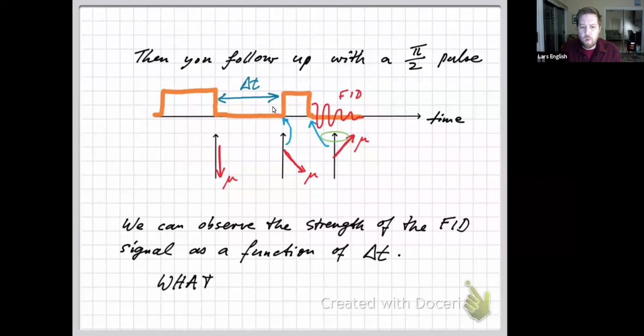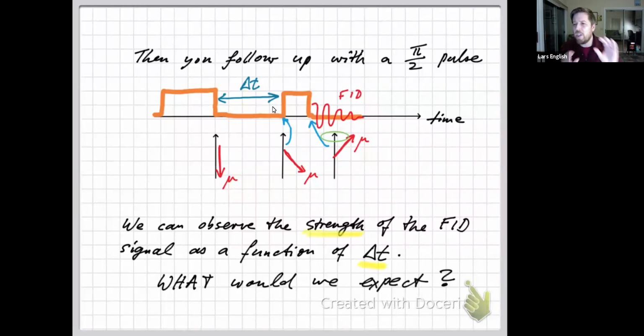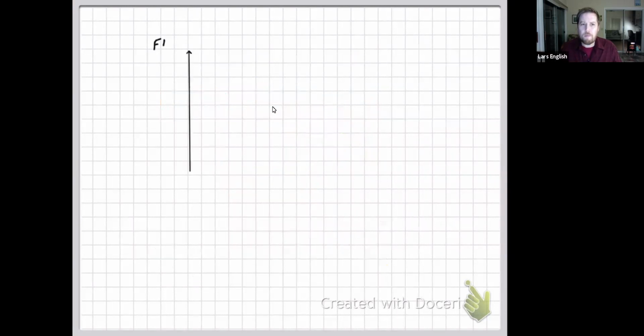The question then is, what would you expect that relationship to look like? Think about that for a moment. What might you expect that relationship to look like? So we're keeping track of the strength of the FID signal right after the pi/2 pulse, and we're doing this as a function of delta t.